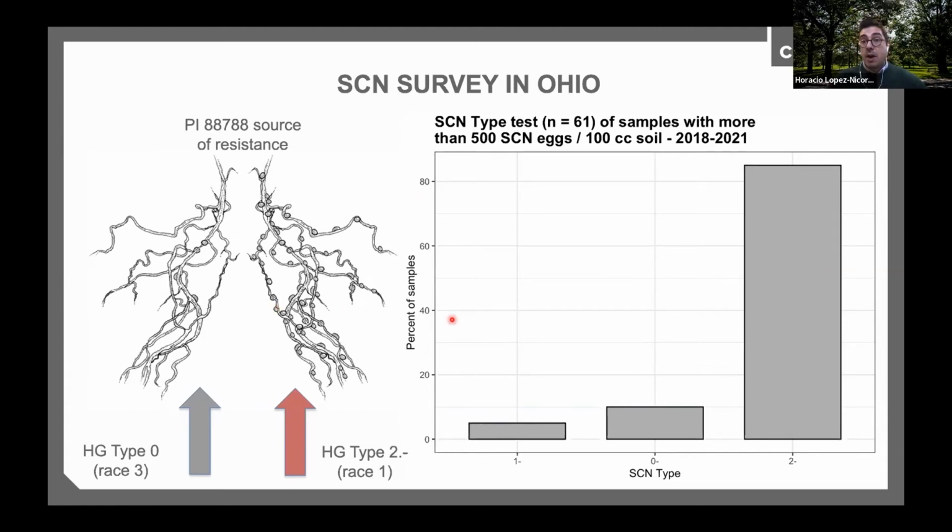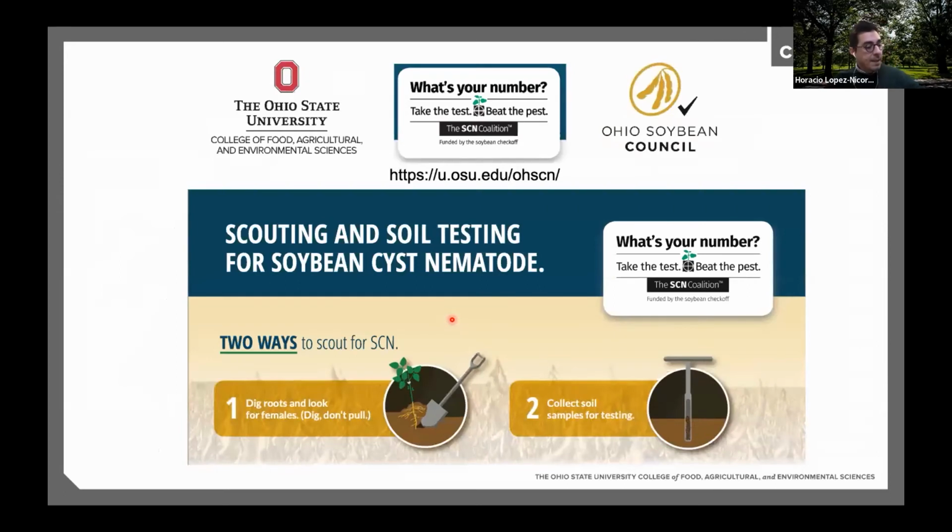So we should be aware of this, and this is information that as a grower is very valuable when we need to make a decision on what cultivar we're going to use. Okay, so I'm talking about this survey funded by Ohio Soybean Council and as part of the SCN Coalition funded by United Soybean Board.